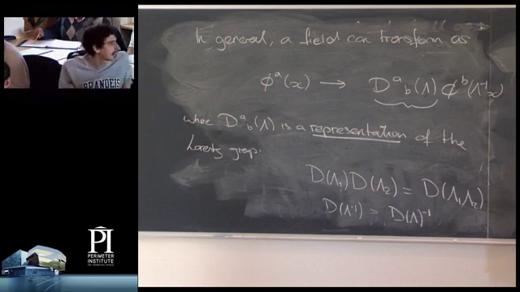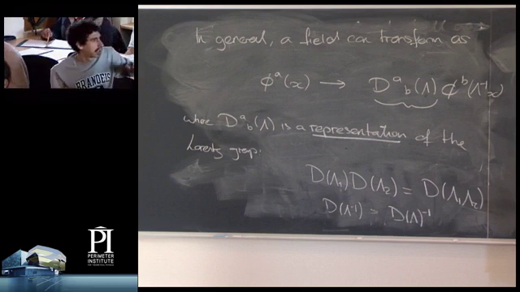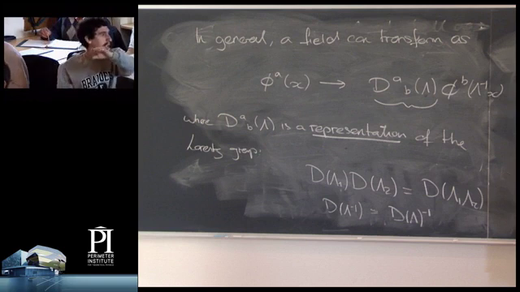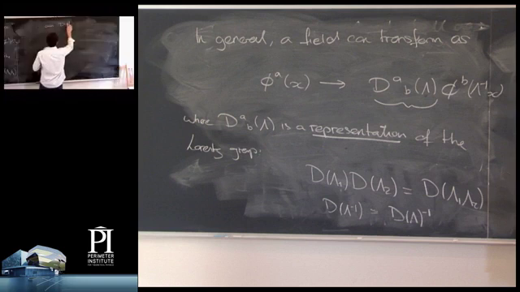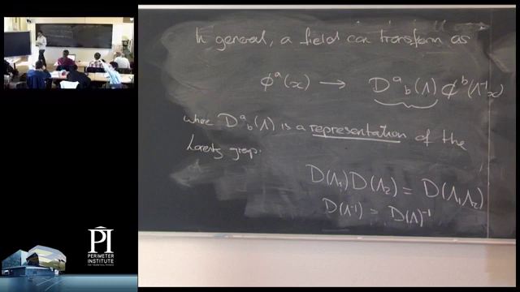Okay, so what happens, I believe, is that you could need a projective representation of the Lorentz group, but there's some way in which SL2C is a double covering of the Lorentz group, and any projective representation of the Lorentz group comes from an ordinary representation of SL2C.